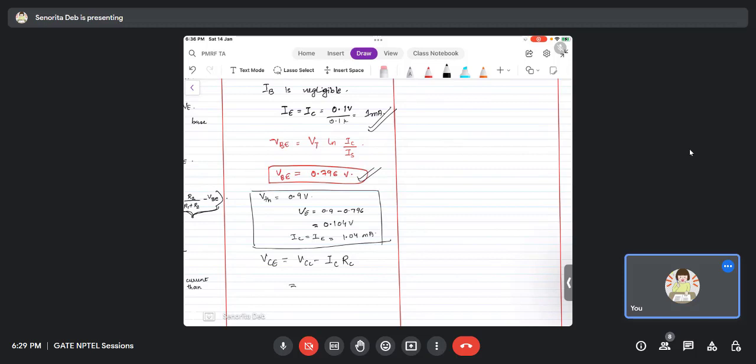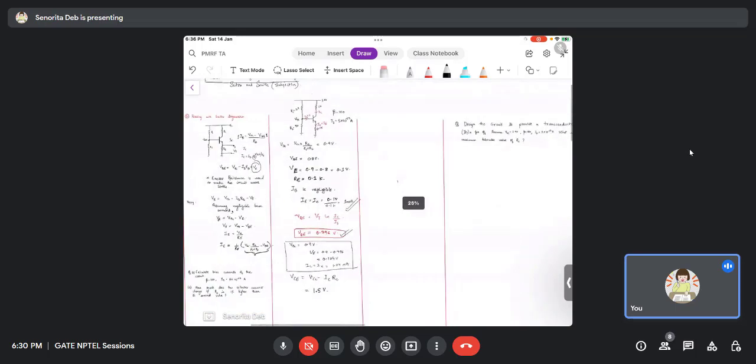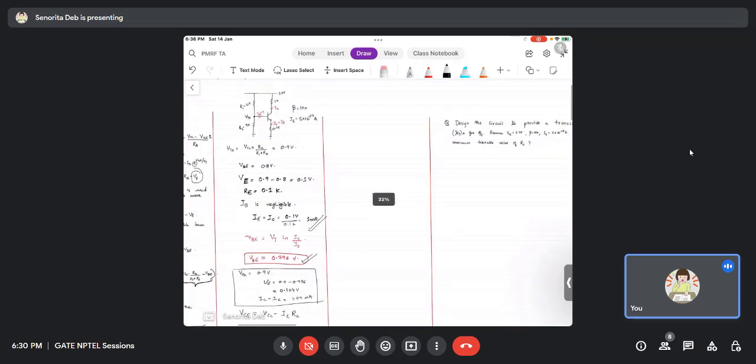So VC you will get somewhere around 1.5, and that is greater than your VBE, therefore it is an active mode, okay? Now check whether the assumption of the negligible base current is correct or not. That will be the second step. So first go through whatever I have done, and then we will go to the second step.